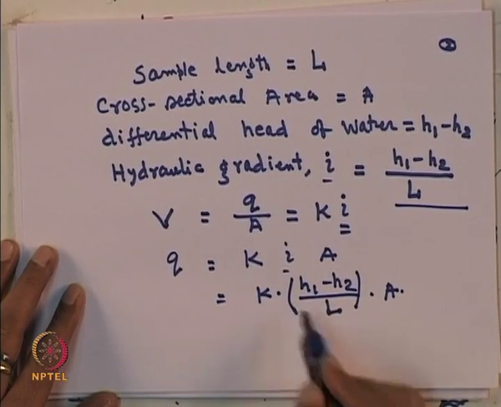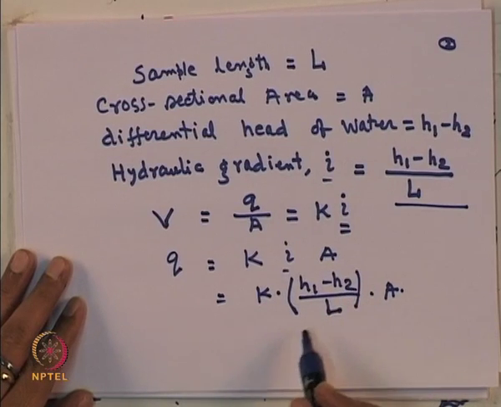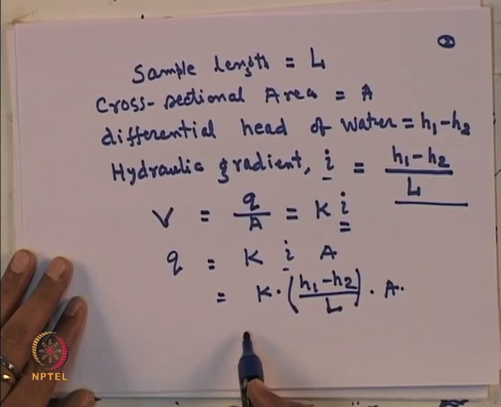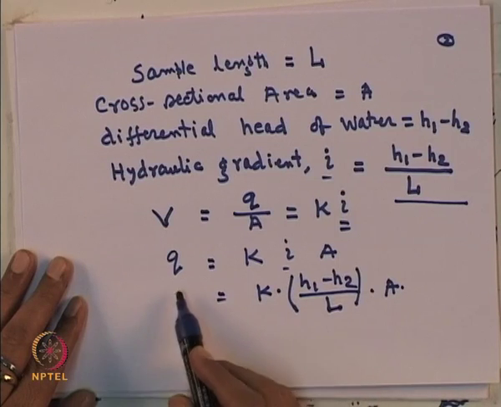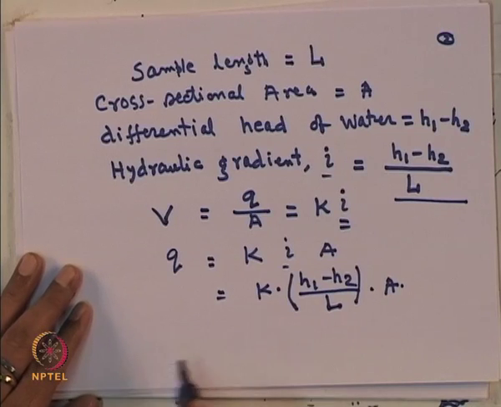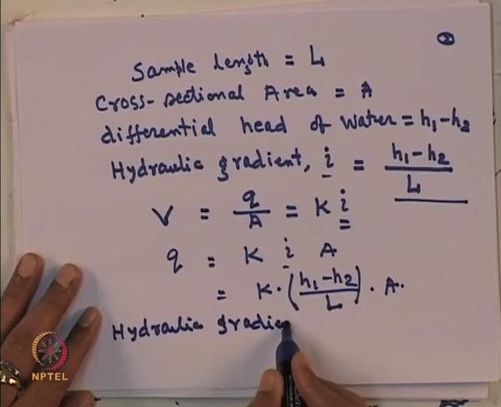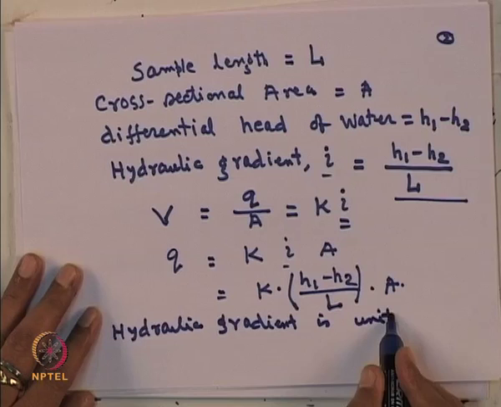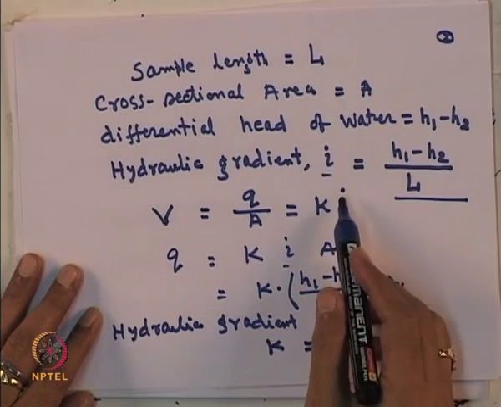Now, look here: if the hydraulic gradient, that means H1 minus H2 by L, is unity, then Q is equal to K A. That means it is the velocity, so Q is equal to V. So, when the hydraulic gradient is unit, K will be equal to V, because the hydraulic gradient is equal to 1.